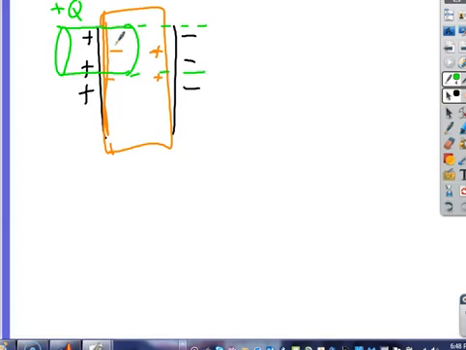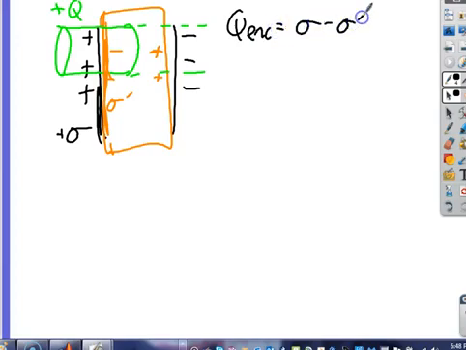I'm going to say that the charge density on the actual plate is plus sigma, and the charge density on my dielectric on this edge is sigma prime. So my charge enclosed will be sigma minus sigma prime, because I'm subtracting out whatever charge density I have here.